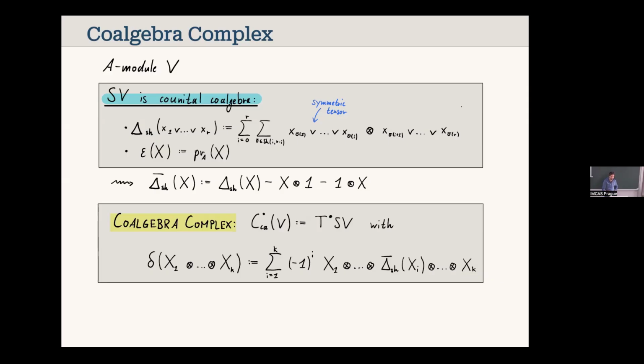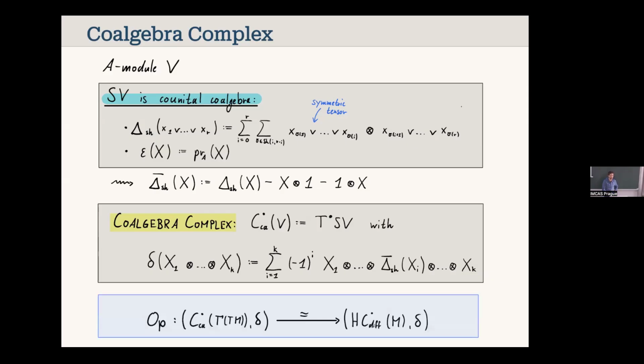Okay, so that's the differential we build on this tensor algebra of the symmetric algebra. And now in our case, where we're interested in the module being the vector fields on our manifold, under this isomorphism of the symbol calculus, it turns out this is exactly the differential you get when you transport back the Hochschild differential from the differential Hochschild complex.